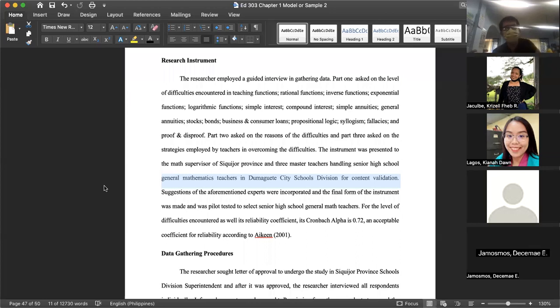So again, what's the purpose of pilot testing? Could anyone tell me a synthesis on what's the purpose of pilot testing? Okay, Miss Akulbe. To find out if it is readable or understandable, sir. Okay, to find out the readability and understandability of all items in the research instrument.